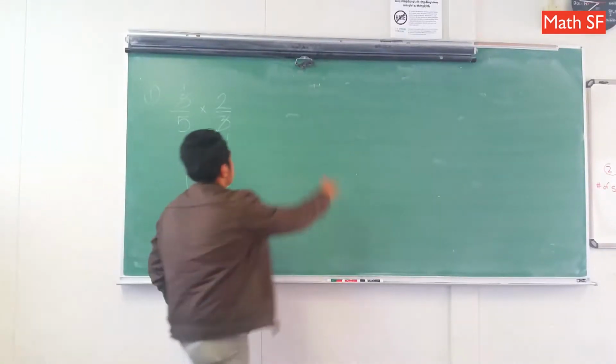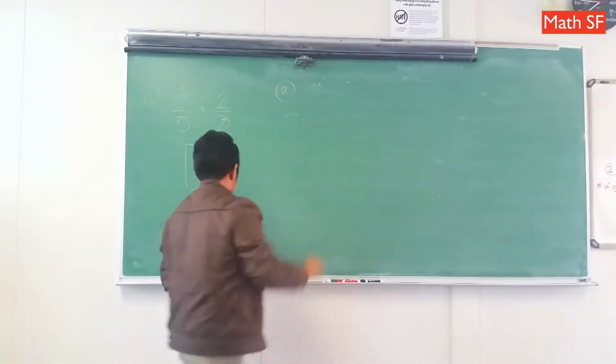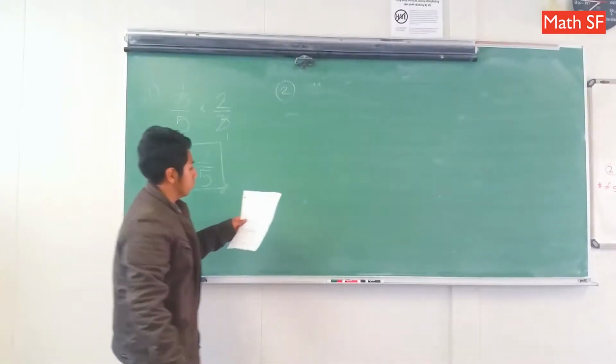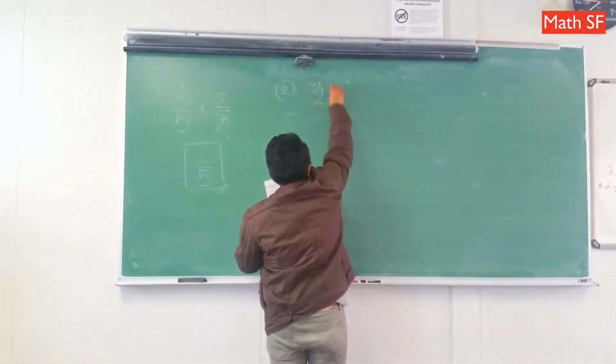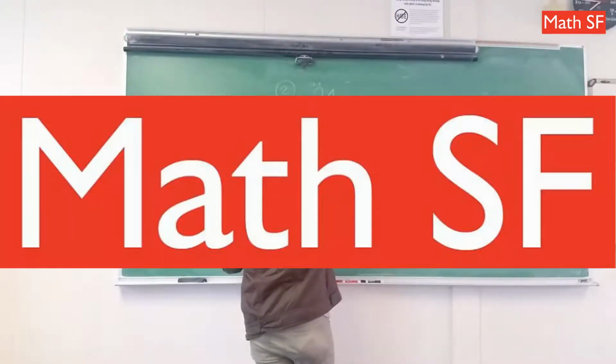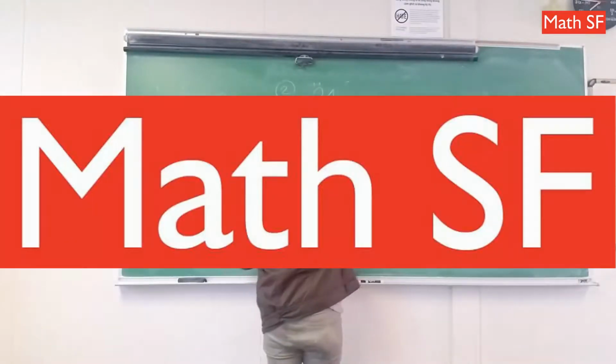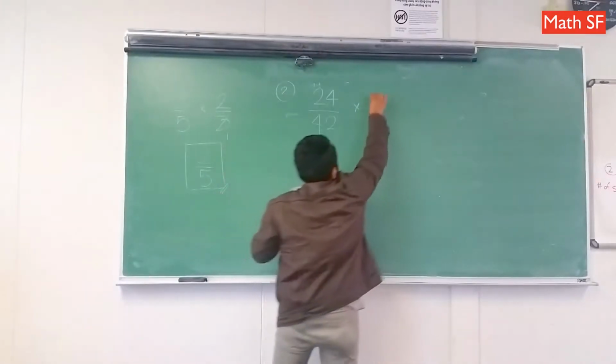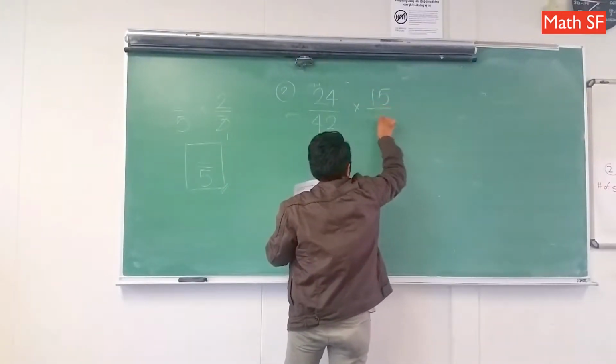Number 2. Problem number 2 is telling us that we have 24 over 42 times 15 over 4.